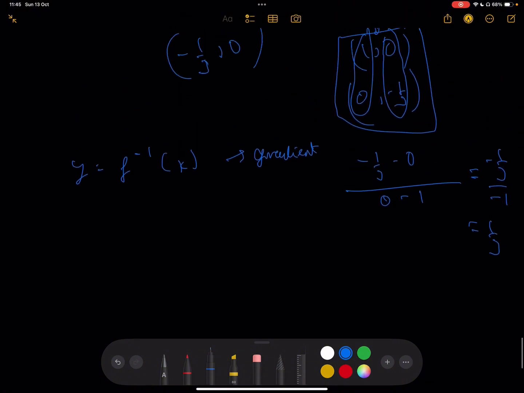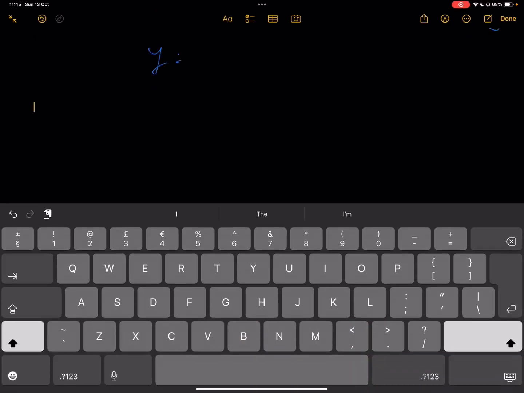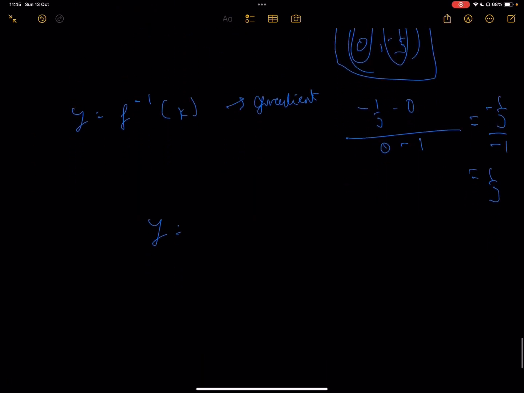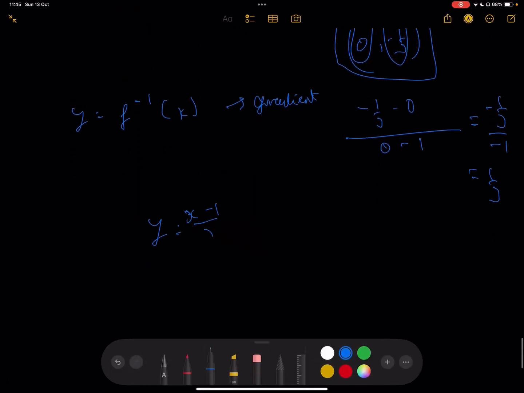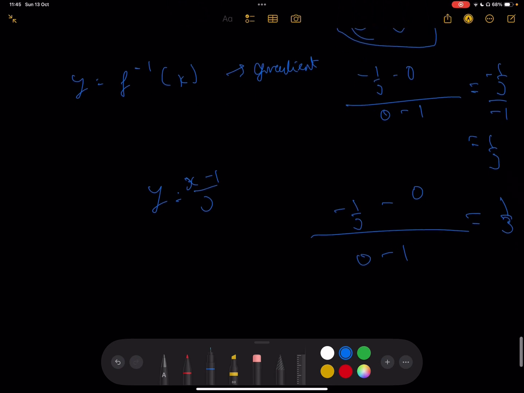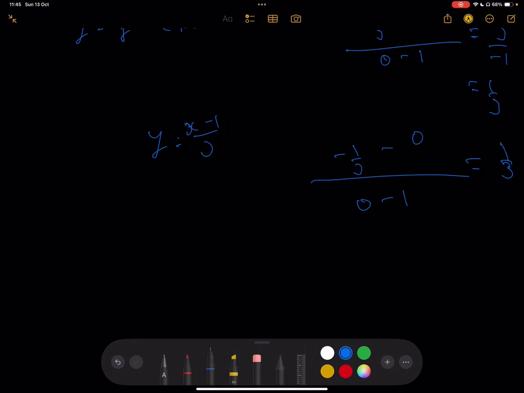So therefore, y is equal to x minus 1 over 3. How did I do this? Well, the gradient is minus a third minus 0 over 0 minus 1, and that will give you a third. We can take these y and x values and substitute them. So negative a third is the first y value, and 0 is the first x value.